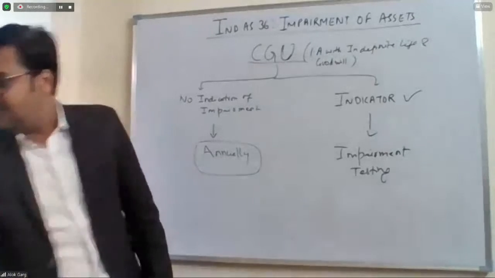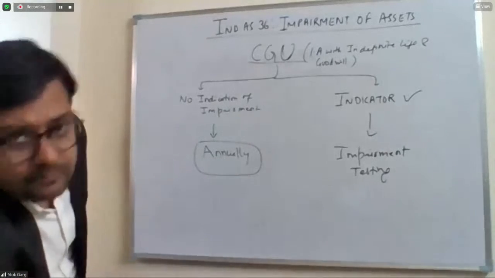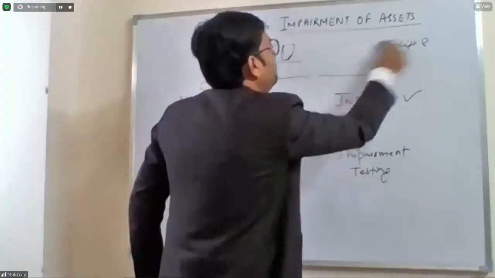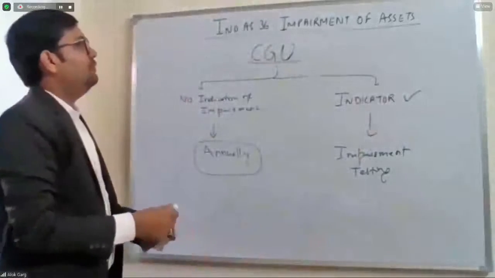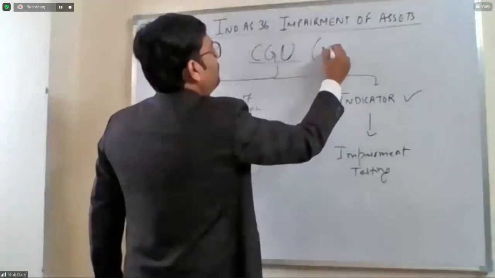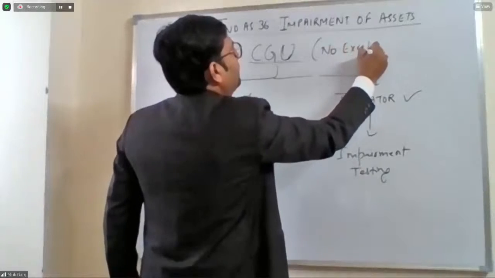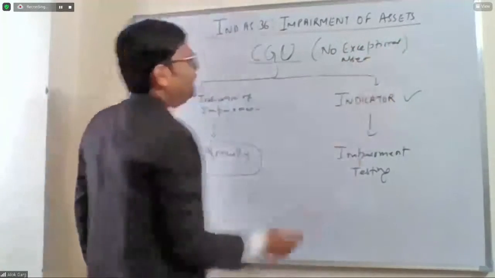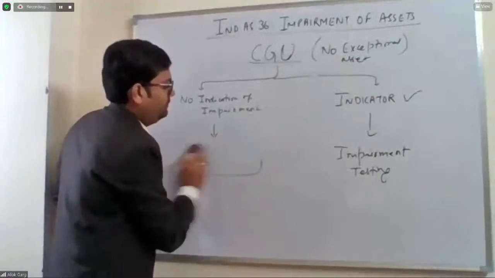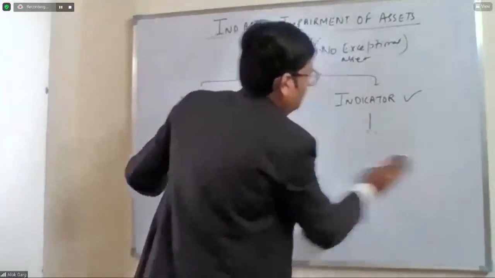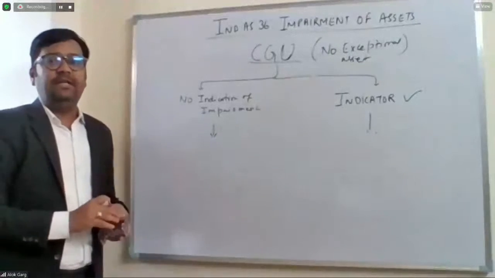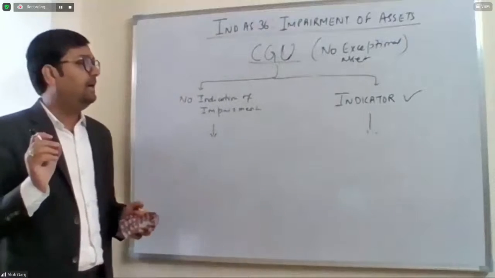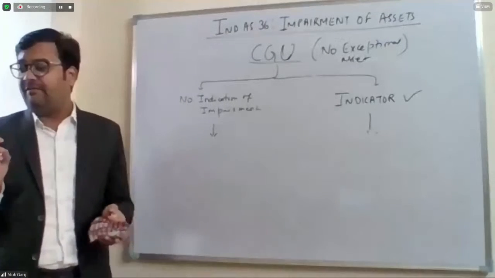Now I am flipping this particular question. In this CGU, there is no exceptional asset: no goodwill, no intangible asset with indefinite life, no intangible asset not yet available for use.